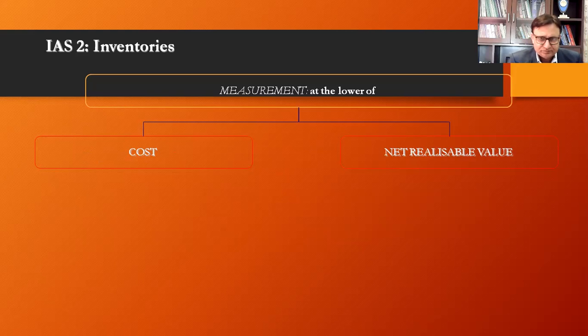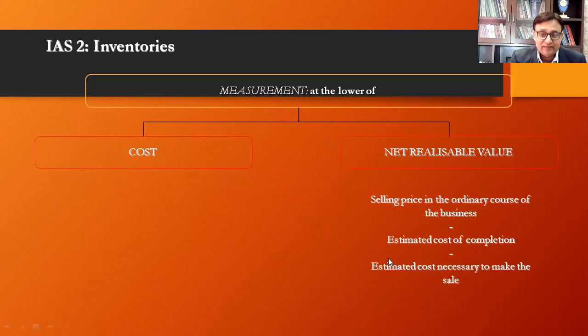So before explaining the things regarding the cost, what is included into that, what is not included into that, we will first define the net realizable value. What is net realizable value? So net realizable value is the selling price in the ordinary course of business. So in the ordinary course of business, not under special circumstances, the item which is lying with you in the form of raw material, in the form of work in progress, or in the form of finished goods, what is the net realizable value?